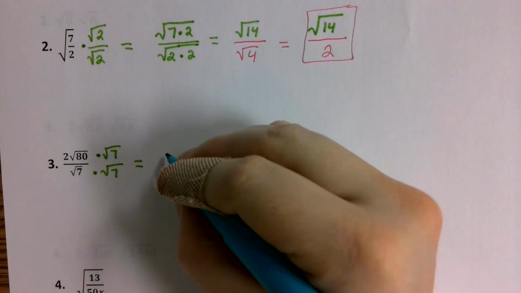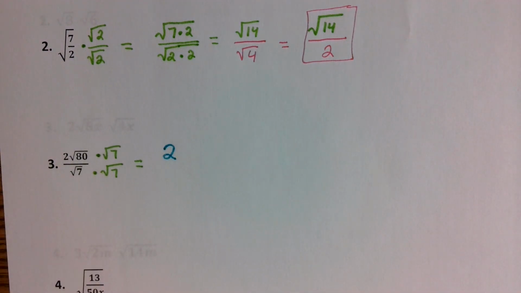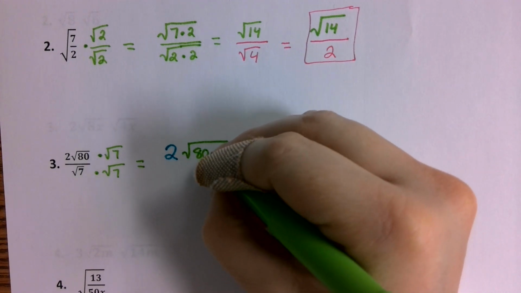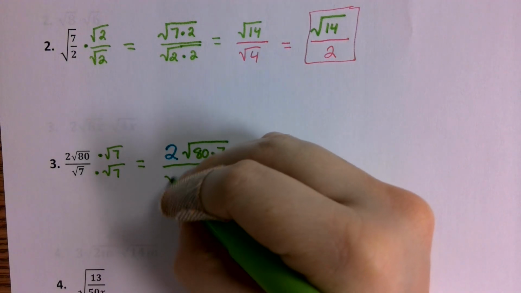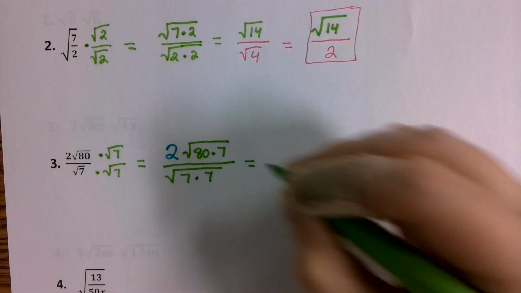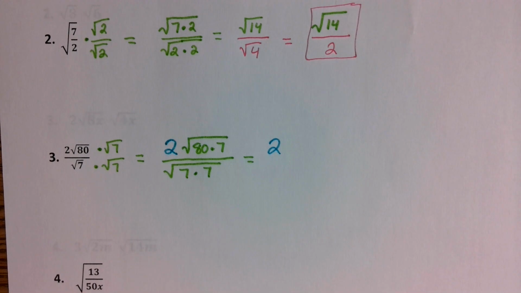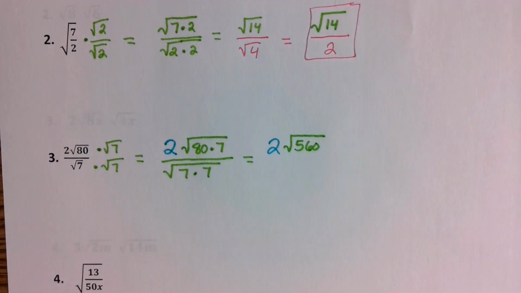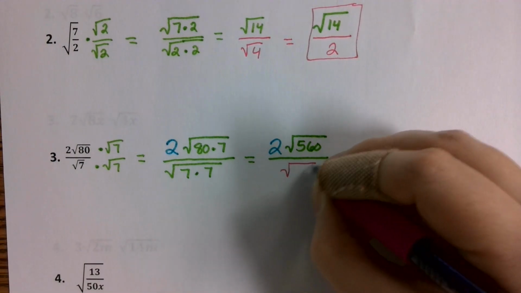That 2 is a coefficient that's on the outside of my square root. What is going to get affected is I'm multiplying 80 times 7 on the inside, and then I'm multiplying 7 times 7 for my denominator. Okay, so this now becomes 2 square root of 560 over the perfect square of 49.